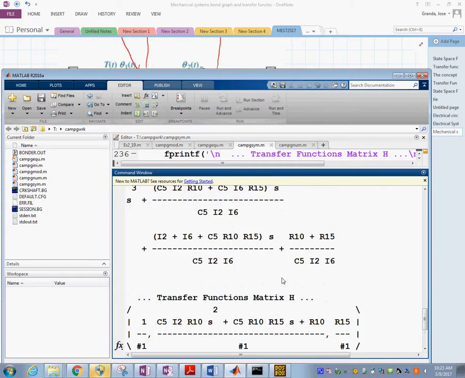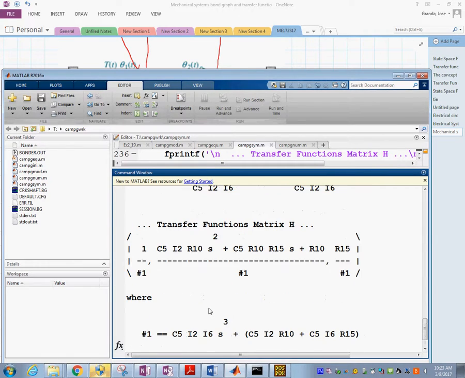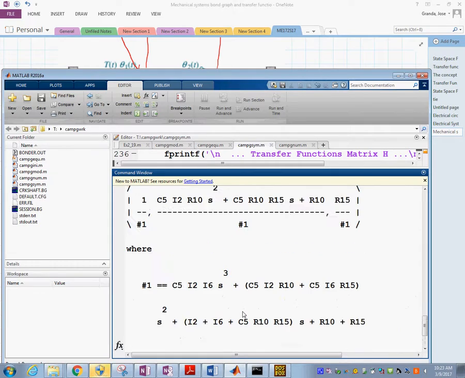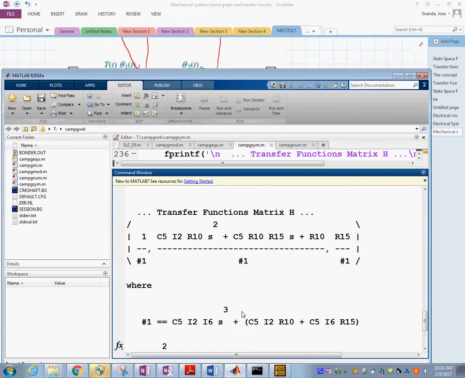The transfer function would be the numerator divided by this denominator, right? I think that's how we find the transfer function in here.